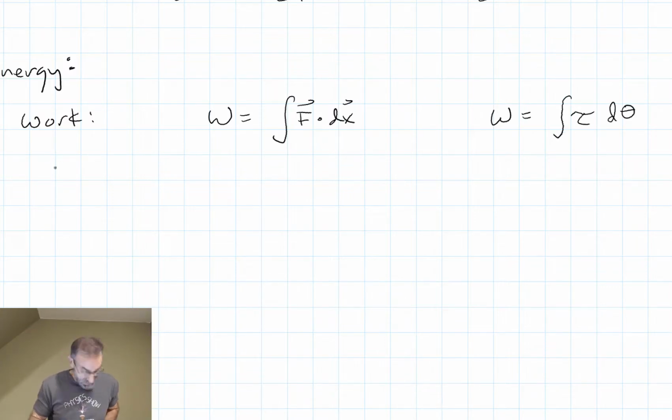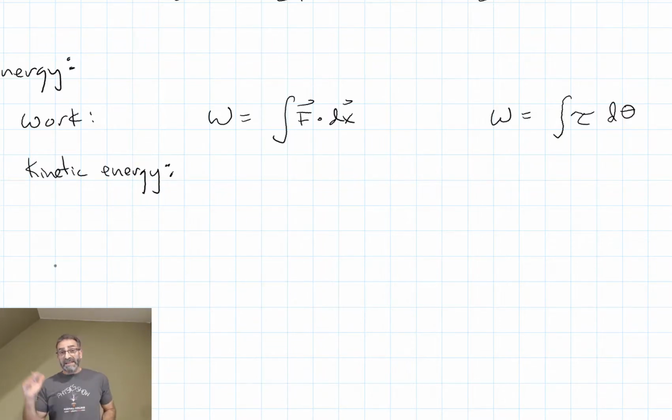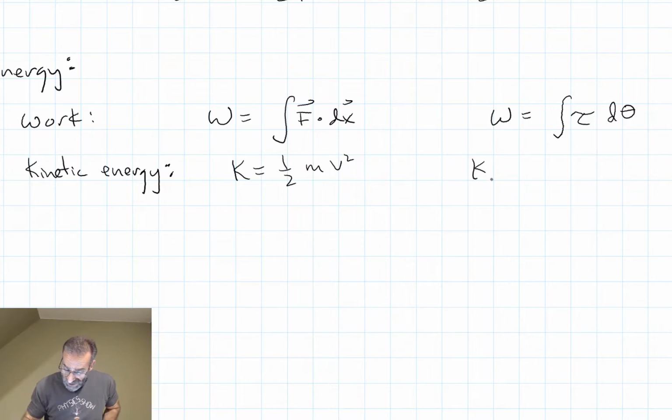For our kinetic energy, when something's moving in a straight line, it has kinetic energy, energy of motion, 1/2 mv squared. And if something is spinning, it's going to have kinetic energy because all the little mass particles are moving, right? They have kinetic energy if they're moving. So we have rotational kinetic energy.